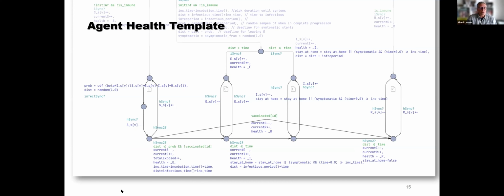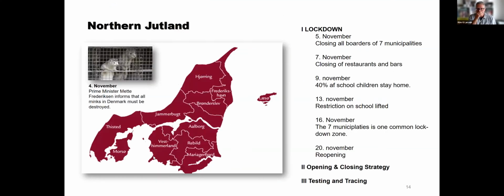Before I show these models, I will point to what the ingredients in the model are. It would be an agent-based model. We have 500,000 people living in northern Jutland, so there will be 500,000 components in this UPPAAL model, one per citizen.